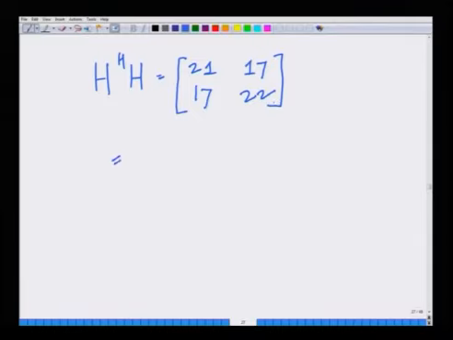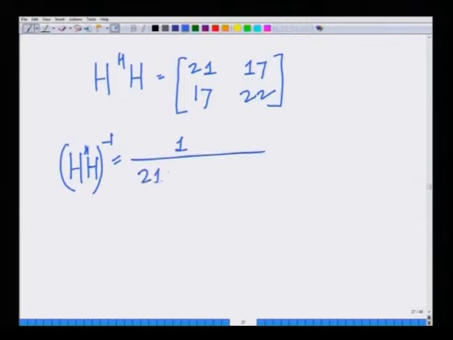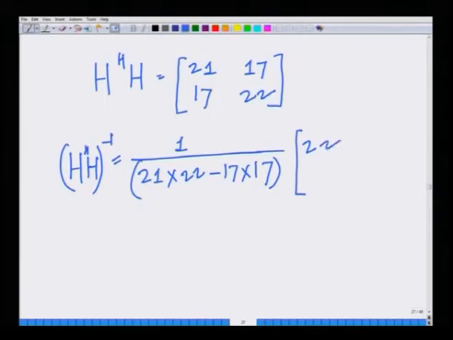The inverse of this 2 cross 2 matrix, we know, is simple: it is 1 over the determinant times the matrix in which I swap the 2 diagonal entries and take minus of the off diagonal entries.